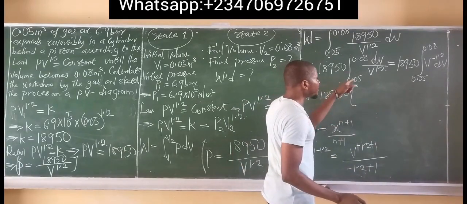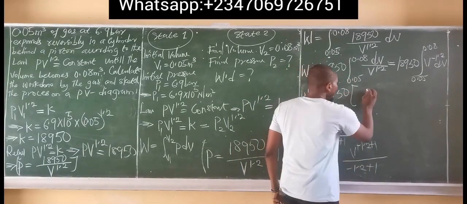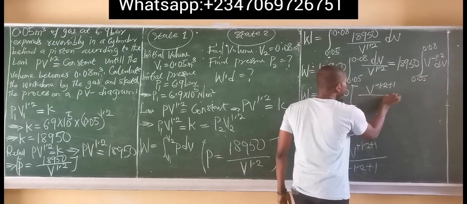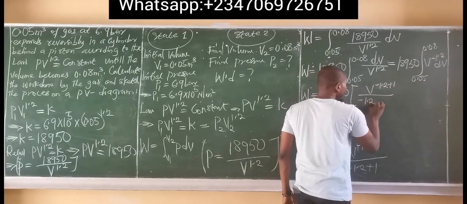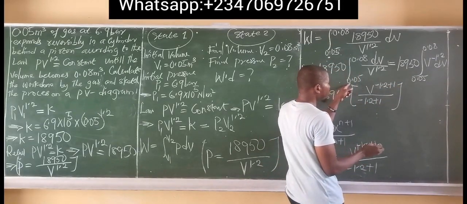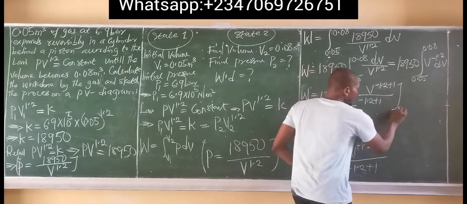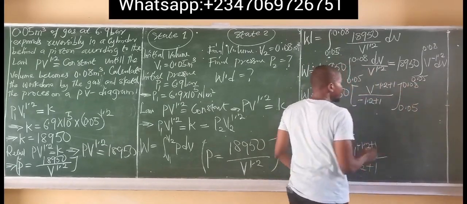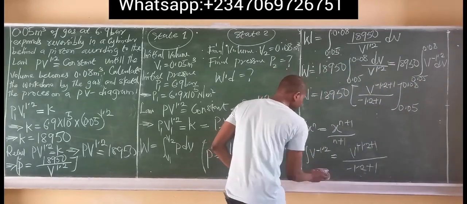So this integral is simply going to be v to the power of minus 1.2 plus 1 all over minus 1.2 plus 1. You put in your limit of integration from 0.05 to 0.08, and you have this.